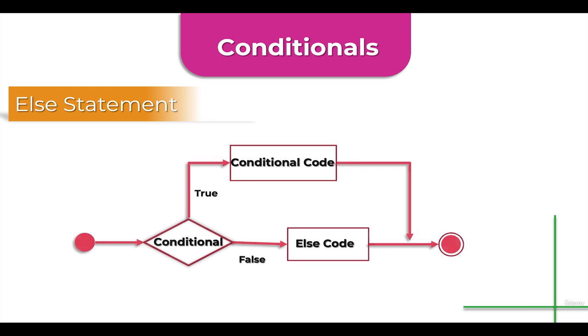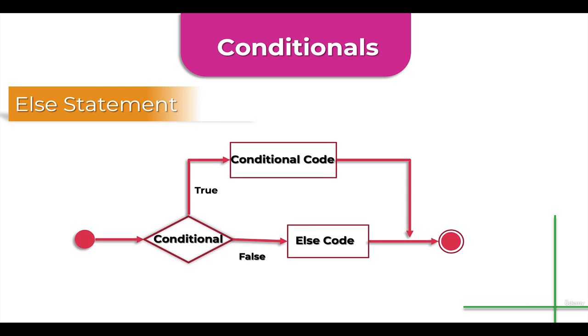So an else statement can be combined with an if statement. An else statement contains the block of code that executes if the conditional expression in the statement resolves to 0 or a false value. So I'll show you some examples for some better understanding.